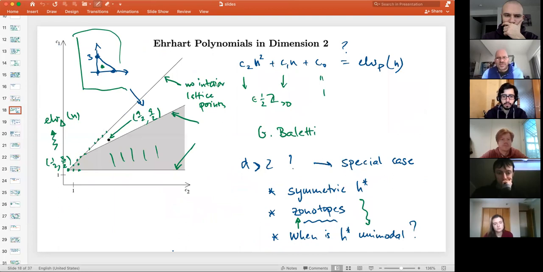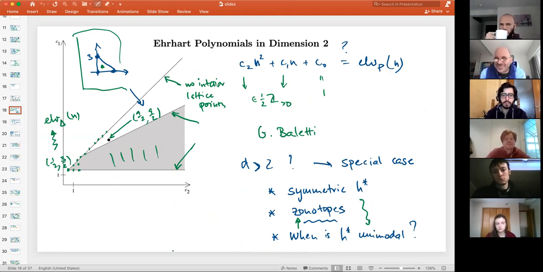Yeah, it's this picture. This is a picture of all Ehrhart polynomials in dimension 2, written in the standard monomial basis. And by translating, I just mean draw this picture in the other basis.